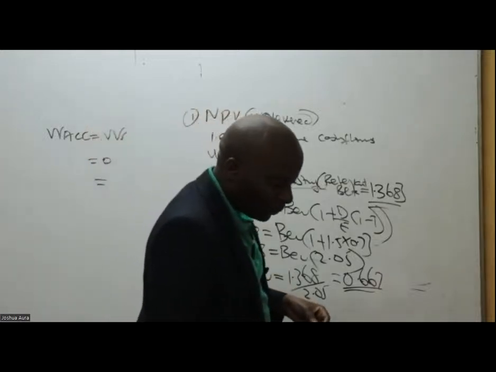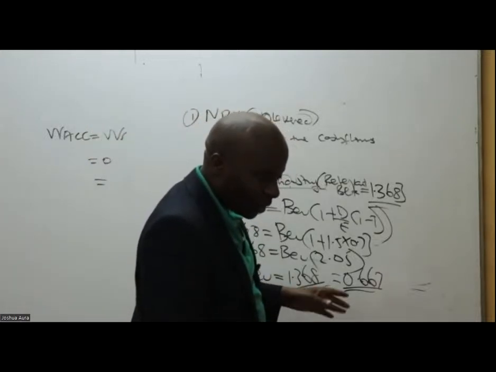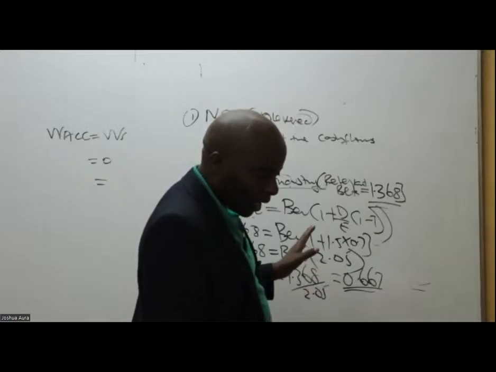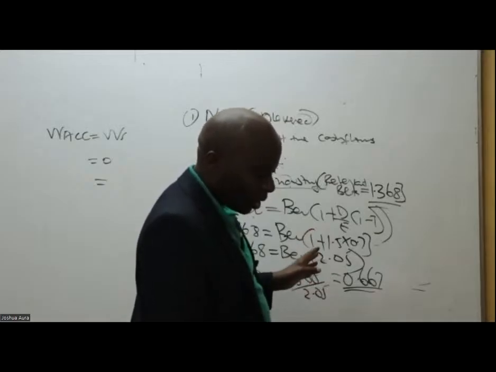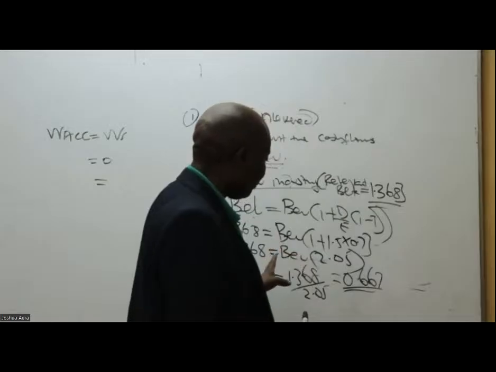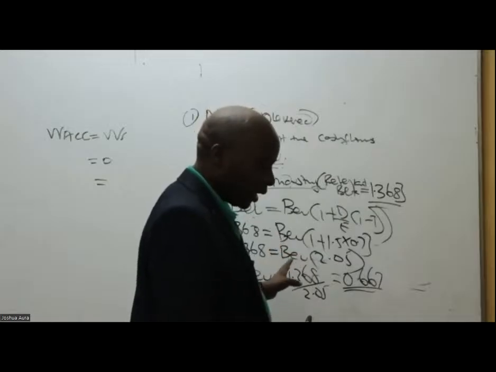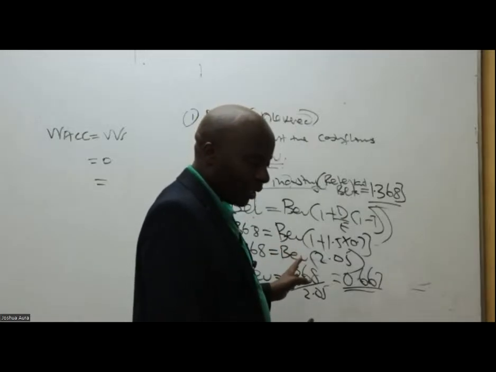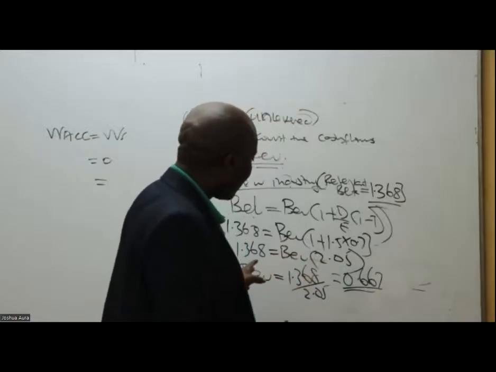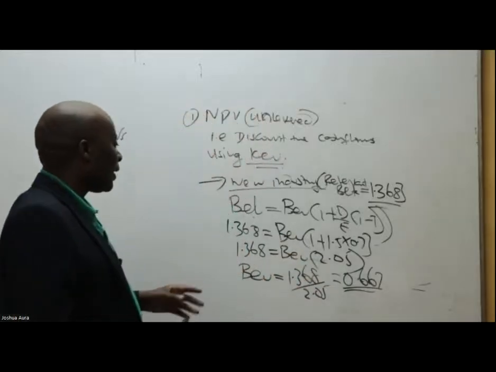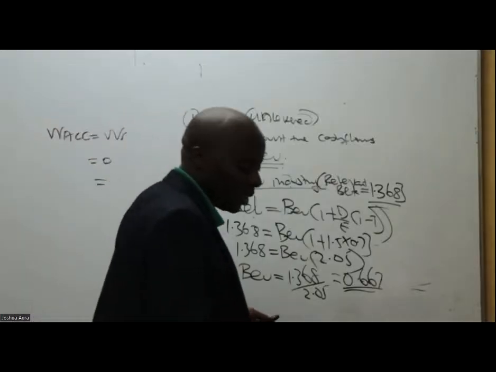So now, if they want me to give this NPV unlevered, this 0.667, I'm being told it is correct. Beta equity of the unlevered firm, I'm being told the figure is okay. So if that is the case, ladies and gentlemen, what do I need to do?